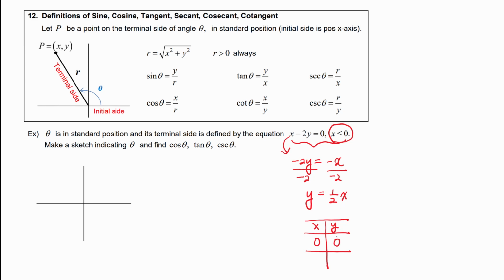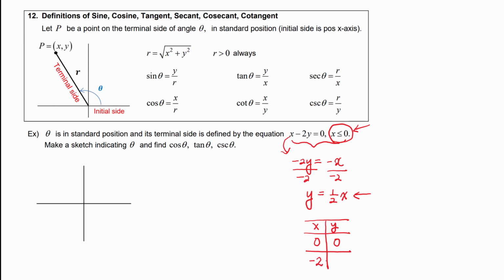Let's come up with one more point such that x is less than or equal to 0, and when we plug it in here, it gives a nice number. What x should we choose? I would choose a negative multiple of 2, so negative 2 sounds really good.